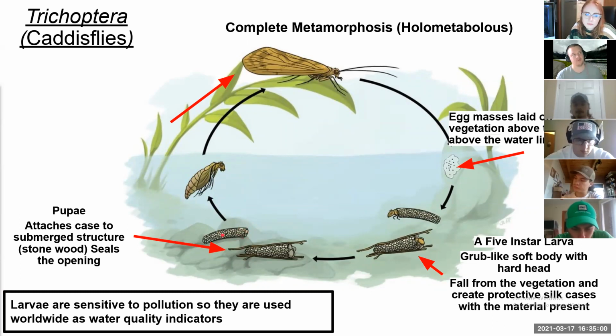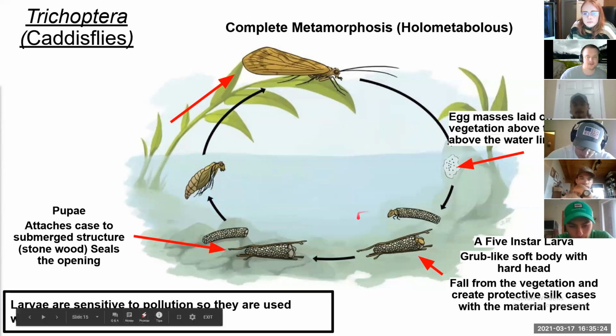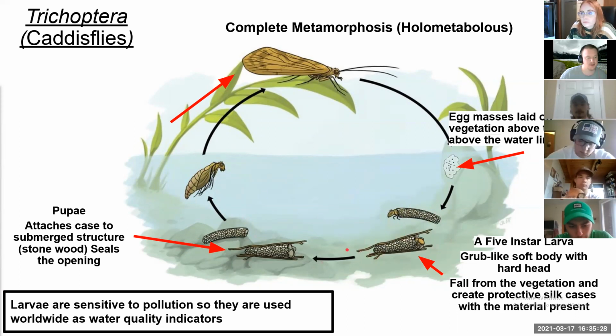And that soft body I mentioned earlier, the case allows water to flow through, and they'll undulate their body a little bit to facilitate that, so that gases can still diffuse through their skin, and they can continue to respire as they develop. And again, during this aquatic stage, mainly this grub-like stage, they are very sensitive to pollutants.